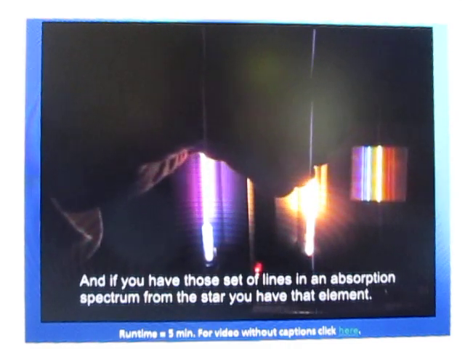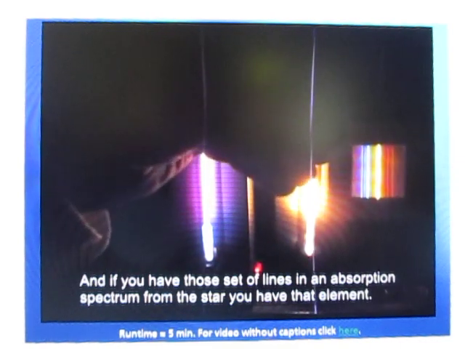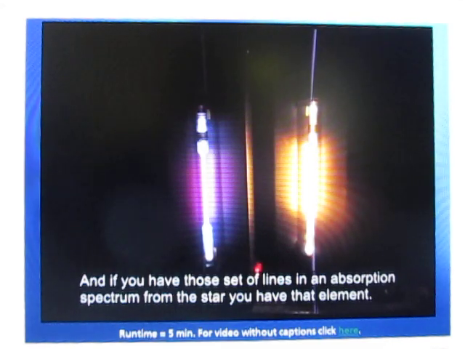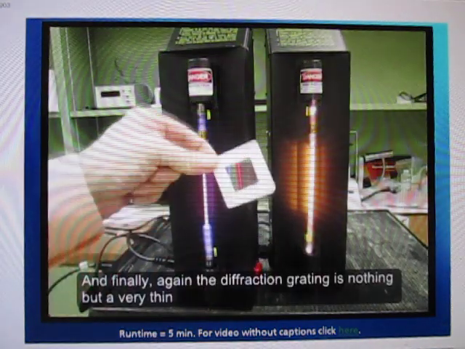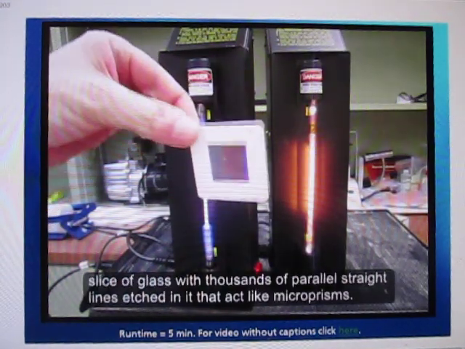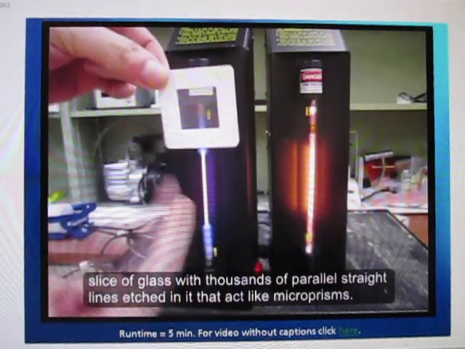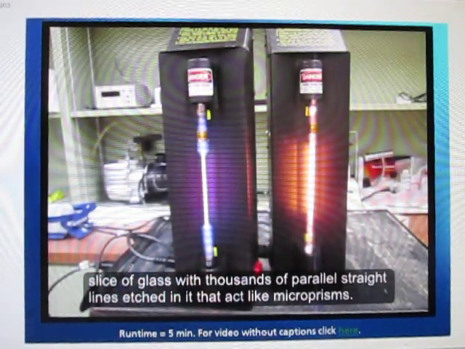And if you have those set of lines in an absorption spectrum from the star, you have that element. And finally, again, the diffraction grating is nothing but a very thin slice of glass with thousands of parallel straight lines etched in it that act like microprisms.